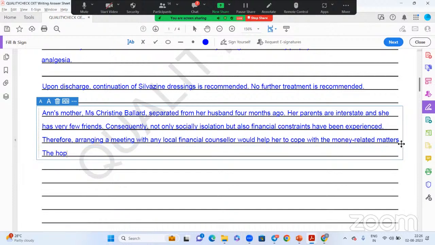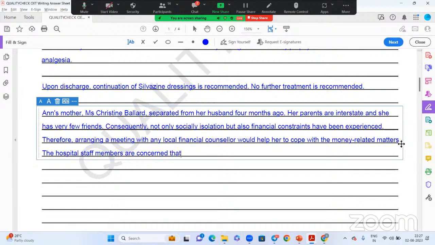The hospital staff members opine that, or believe that, or consider that, or are concerned that she may have depression or she may be suffering from depression.